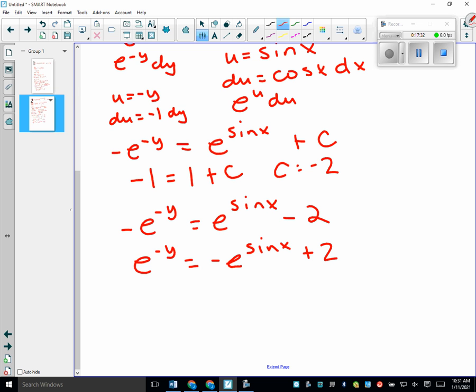Isn't it true that when we had e to a power, we ln both sides? That's what I was saying. So when I ln e to the negative y equals ln of negative e to the sine x, and the 2 is not in the exponent, is it? Well, actually, technically it's okay.